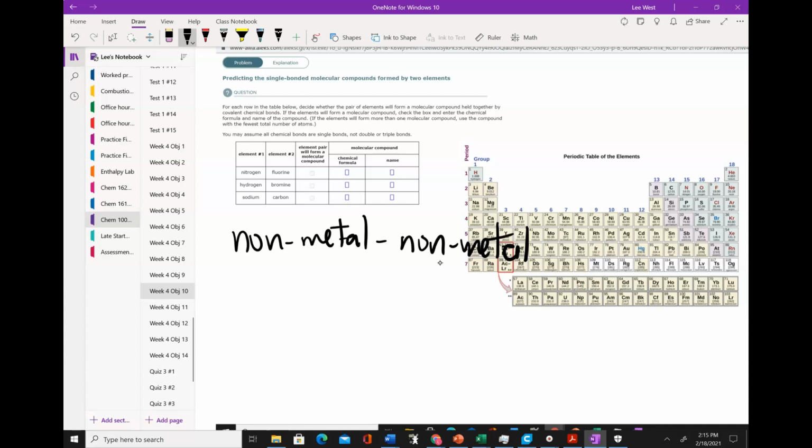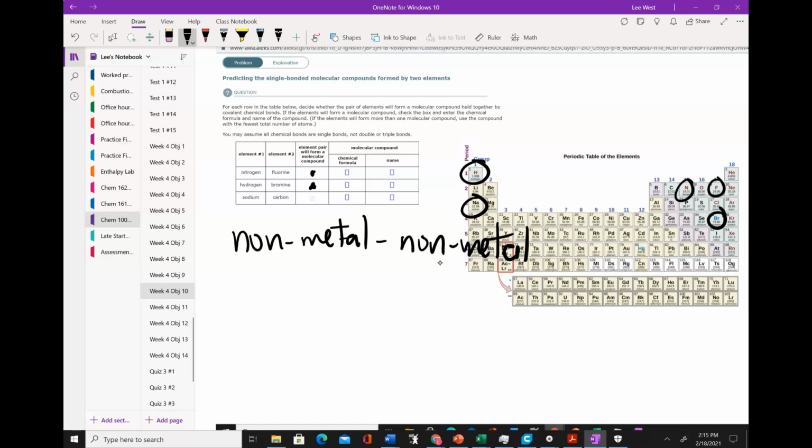So a nonmetal with a nonmetal will form a molecular compound. So nitrogen is a nonmetal, as is fluorine, so that will form a molecular compound. Hydrogen is a nonmetal, as is bromine, so that will form a molecular compound.